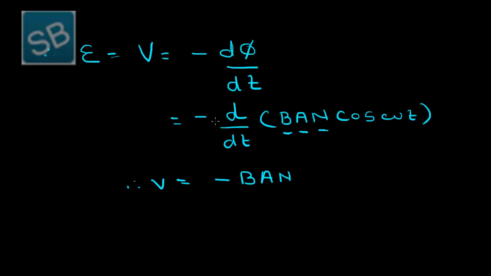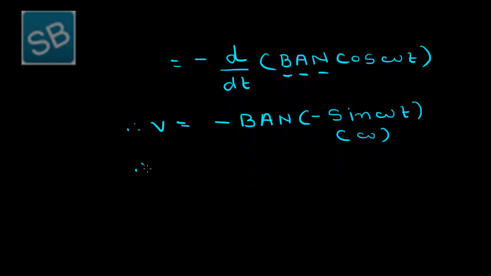Now this cos omega t's differentiation with respect to time is minus sin omega t. And this omega is the coefficient of time, so it will also come in the multiplication. Now this minus minus will become plus.